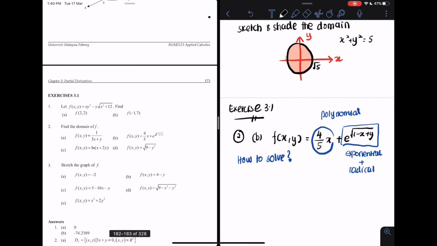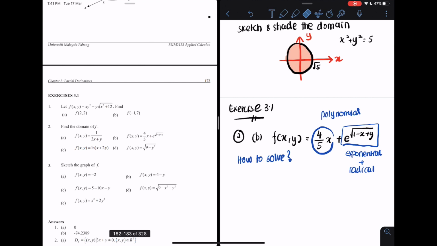Meanwhile, there is some occasion that you need to address for the second term, as it is the combination between exponential and radical functions. Basically any exponential function should have a domain from negative infinity until infinity.